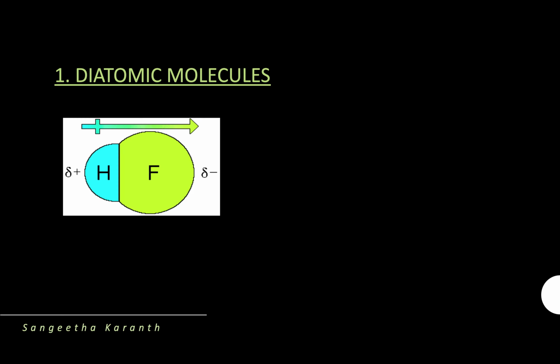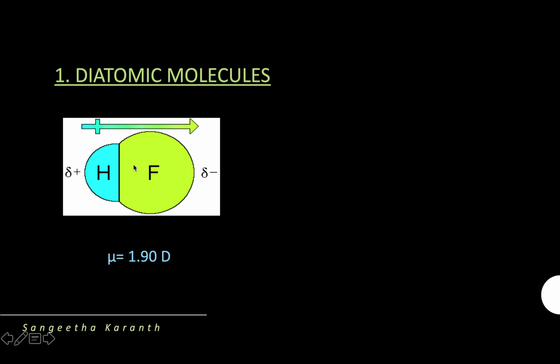So let us come to the examples of dipole moments. First coming on to diatomic molecules. Let us take the example of HF. As you all know, fluorine is more electronegative when compared to hydrogen. So this is a representation of the dipole moment. As we all know, the dipole moment is a vector quantity which is represented by an arrow pointing towards the most electronegative atom.